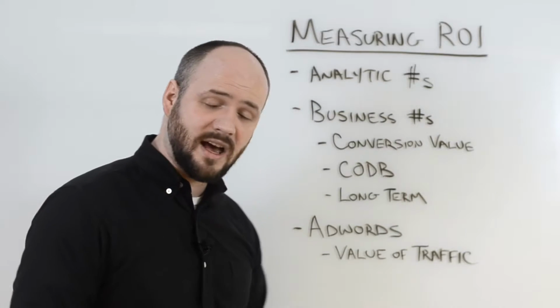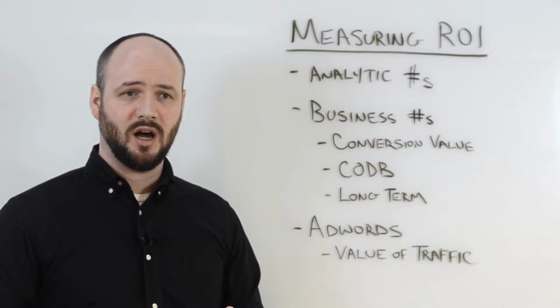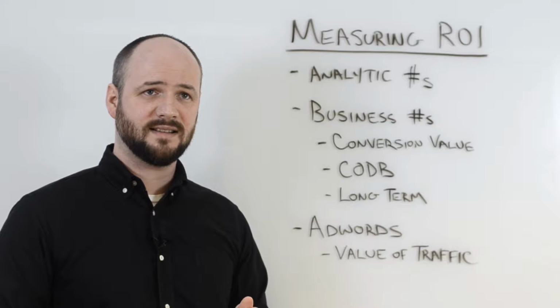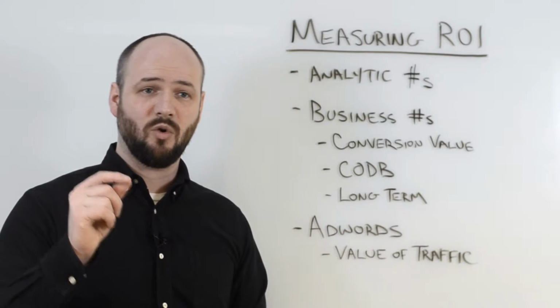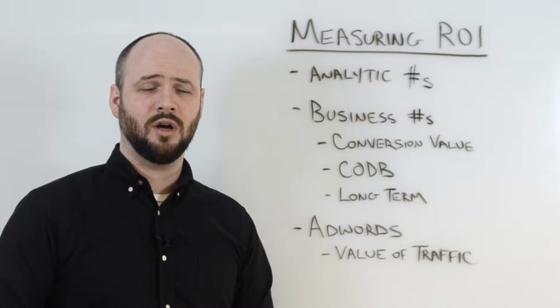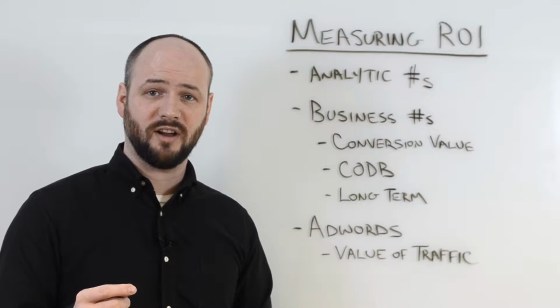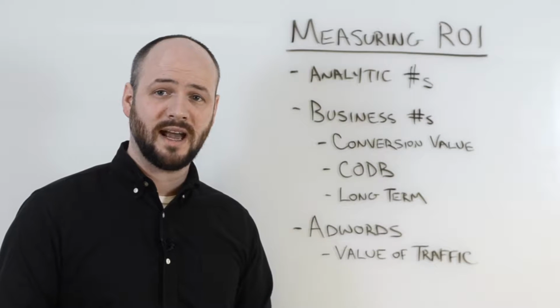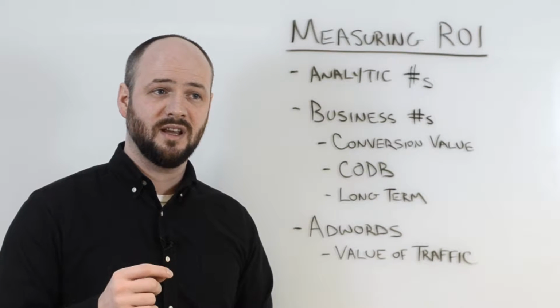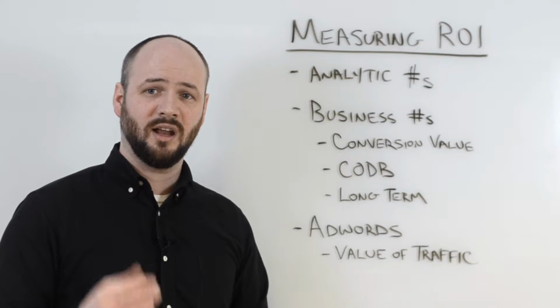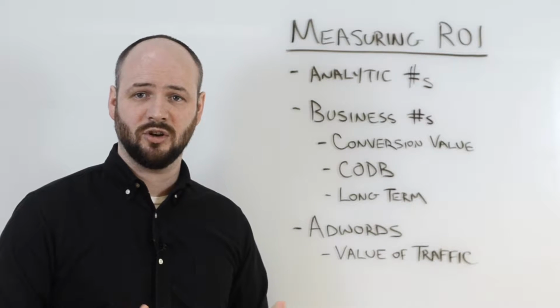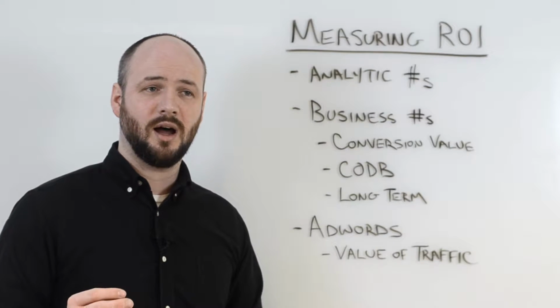An important caveat I would add to this is understanding that for all of this we want to be talking about qualified traffic. So it can be very relevant when we're thinking about qualified traffic to take bounce rate into account and understand that a bounce is not qualified traffic, and to remove that from your equation when you're doing the math.